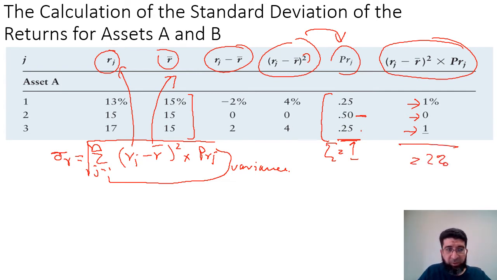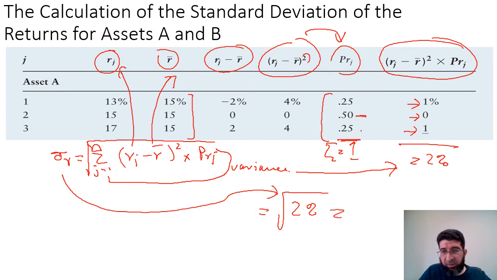So this is what we get for the variance. Now we take the square root of 2%, and the standard deviation comes out to be 1.41%.